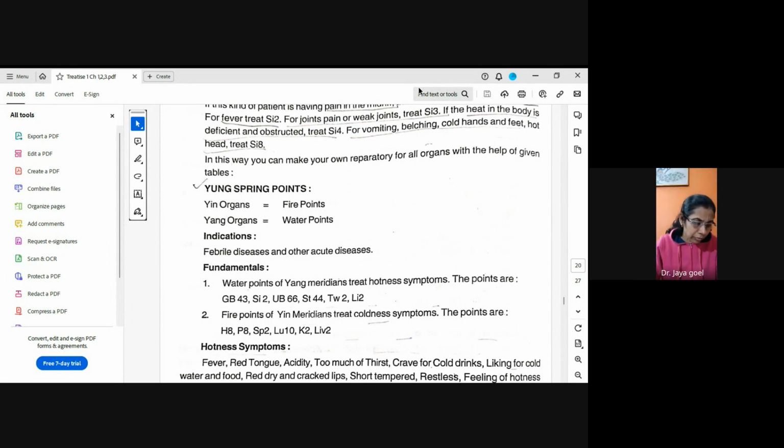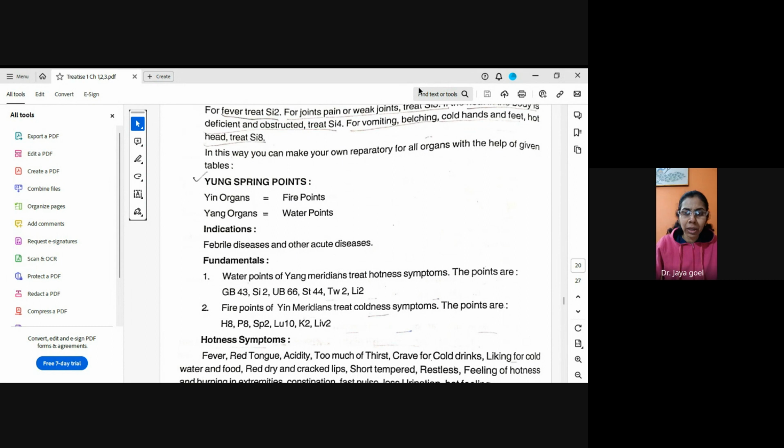If you remember the control cycle, fire is controlled by water. In a Yang Spring point, the yin organ point is the fire point and the yang organ point is water.